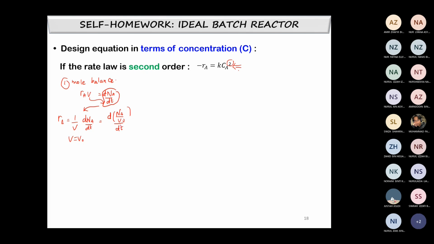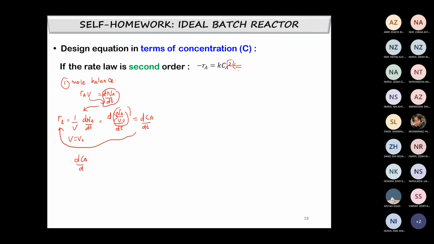From here we get this one equal to dCA over dt. So this dCA over dt represents RA. Of course we have to expand it, because RA we haven't settled yet.